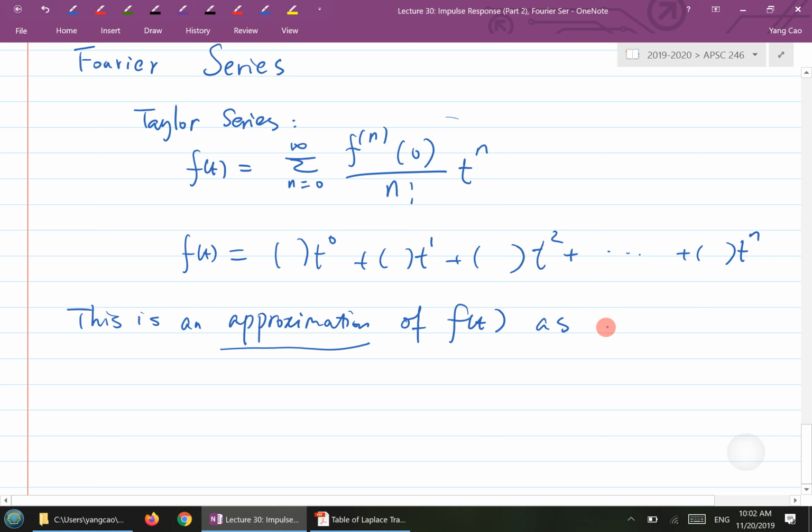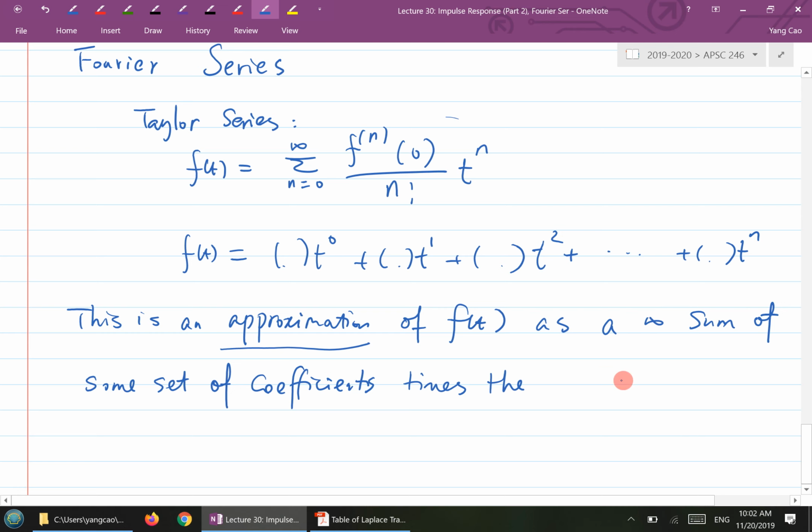As an infinite sum of some kind of coefficients, times the t to the n term. The t to the n term, mathematically we call that a monomial.